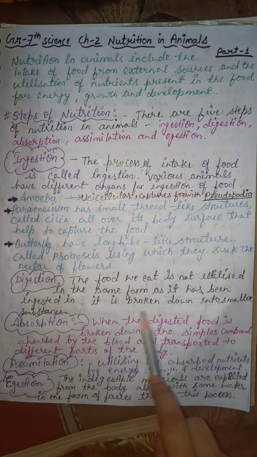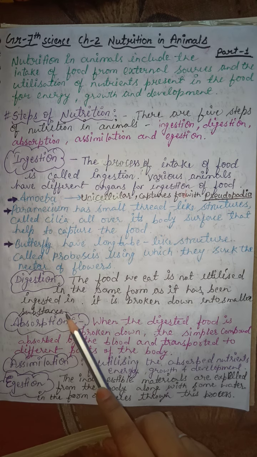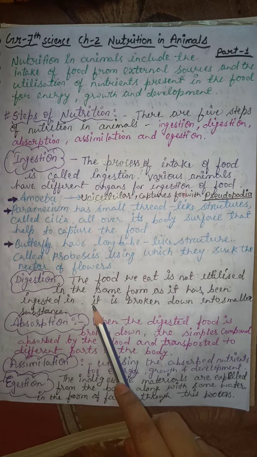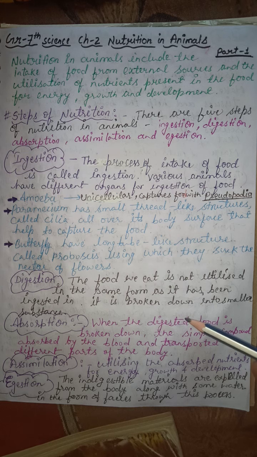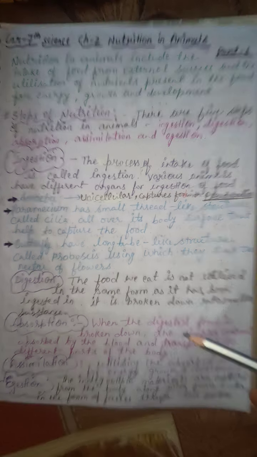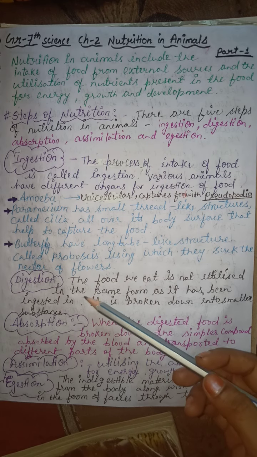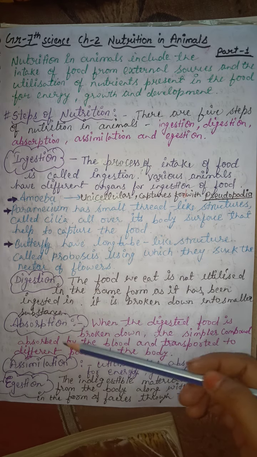It is broken down into smaller and simpler substances through the process of digestion. These simpler substances are then absorbed by the blood. We will discuss about it in detail further.